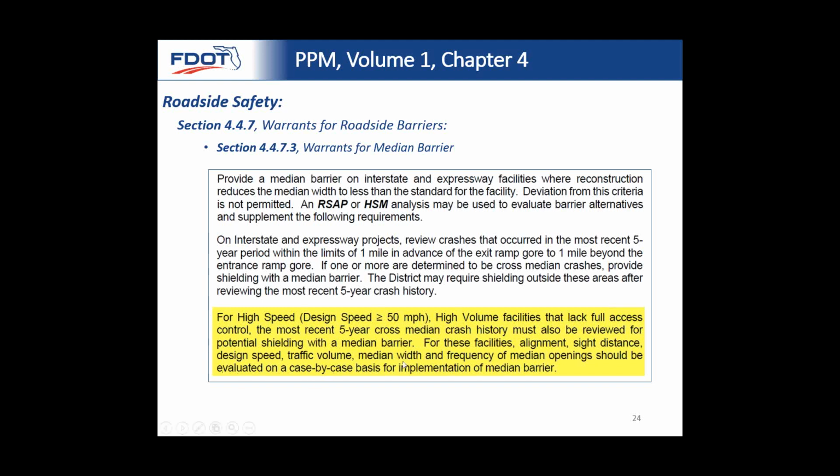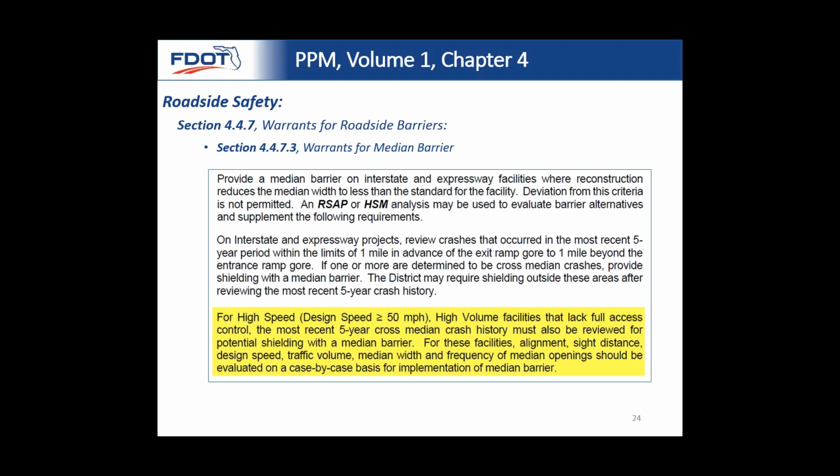But we also had to add a section that we've highlighted here in yellow at the bottom for high-speed, high-volume facilities that are non-limited access. So we're talking about maybe some rural, high-speed, high-volume locations, and this was precipitated by a mandate from FHWA that we have some written policy on when designers need to evaluate the location of median barriers on these types of high-speed, high-volume, non-limited access facilities.